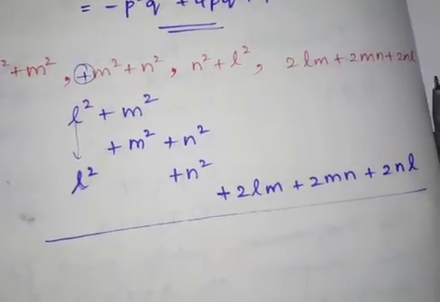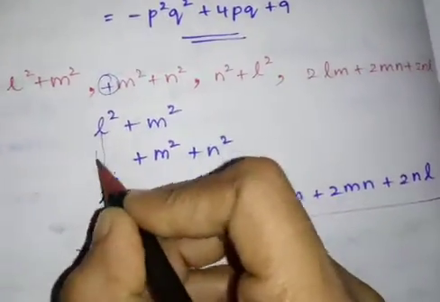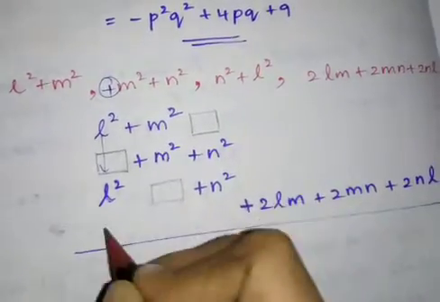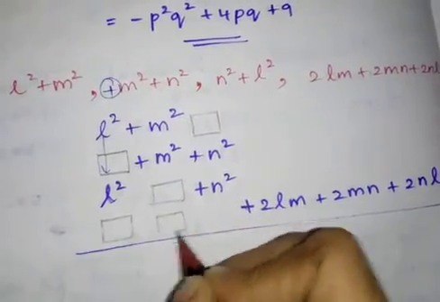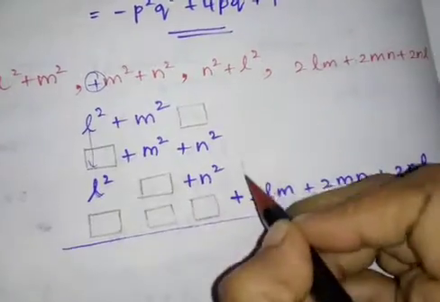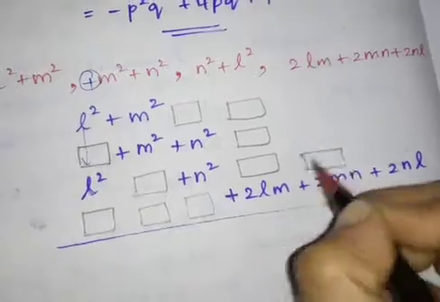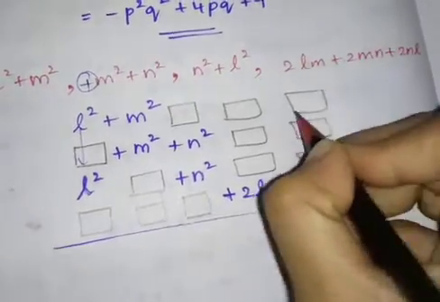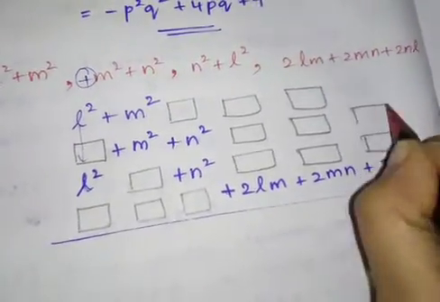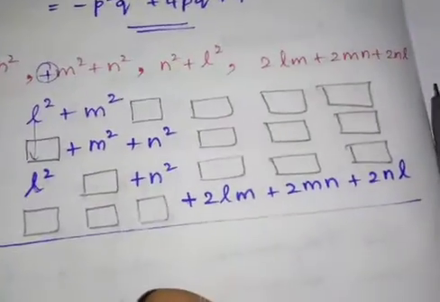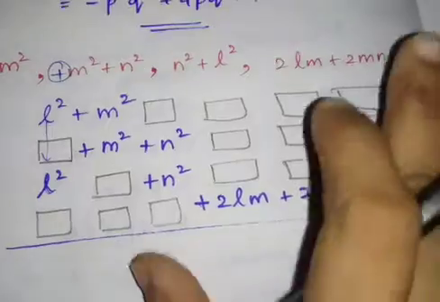Now you can see lots and lots of extra spaces. Here is one extra space, here is one, here is one, here, then here, then here, and actually here, here, here, here, here, here, extra spaces. See, I want to put this box only for the beginners. Those who don't know, for them I am teaching like this.